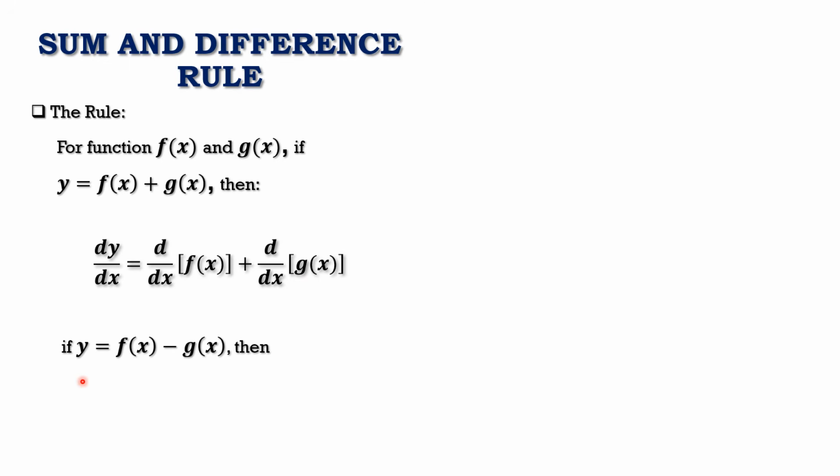In the same way, if y equal to f of x minus g of x, then the rule is saying that dy over dx is equal to differentiating the function f of x minus differentiating the function g of x, all with respect to x.